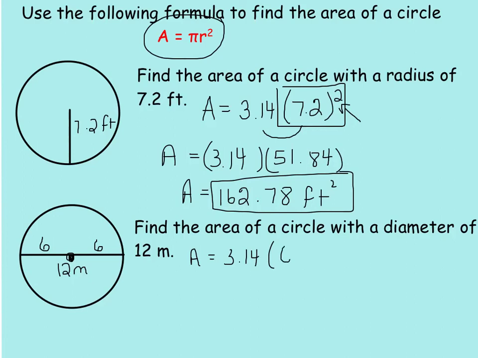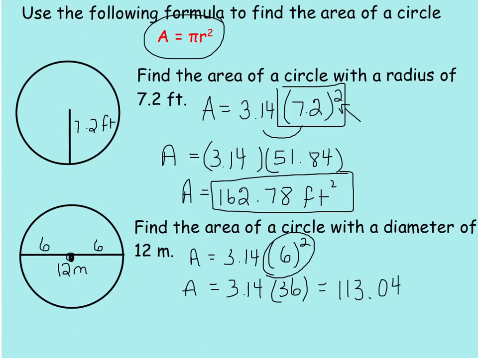So my radius is 6. That's what I need to take to the second power. Remembering my order of operations, I'm going to do 6 to the second power first, which is 36, and then multiply it by 3.14. That gives me a final answer of 113 and 4/100. My units are going to be meters squared.